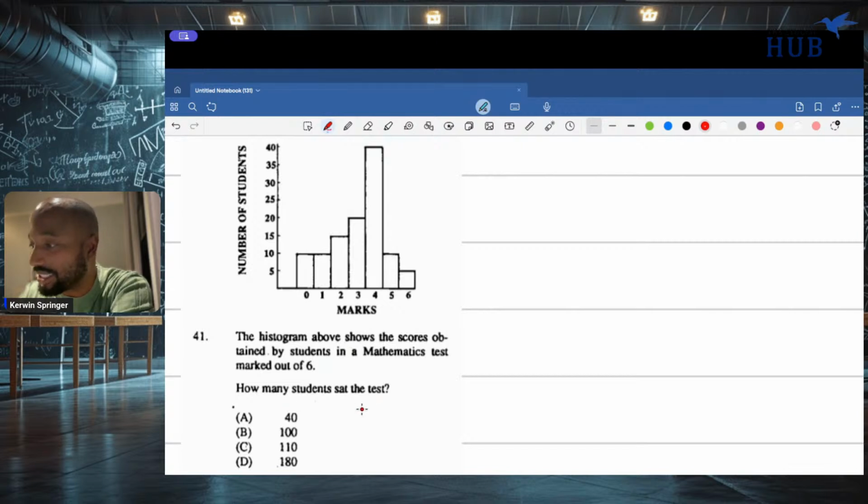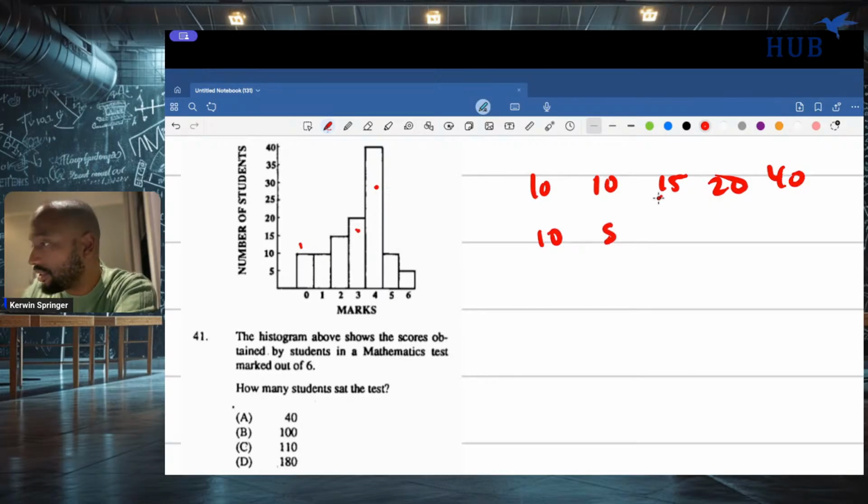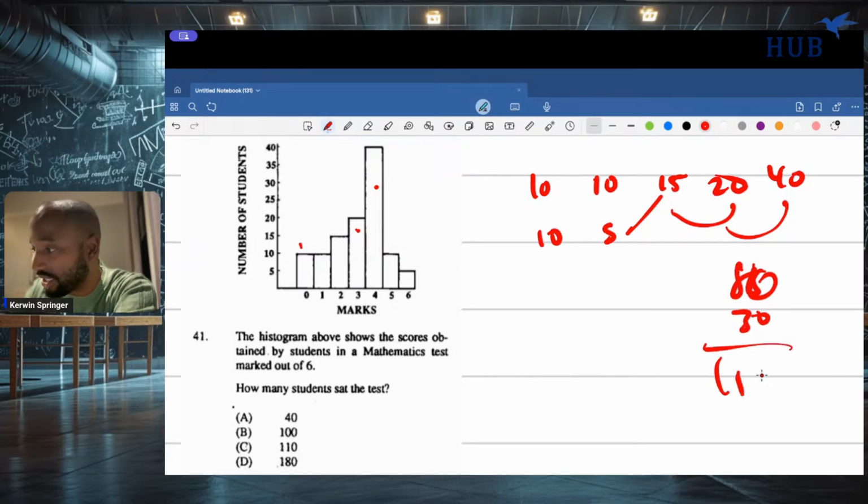How many students had the test? 10, 10, 15, 20, 40, and 10 again, and 5. So 20, 20, 40, and 40 is 80, and 30 is 110. 110 students took this exam.